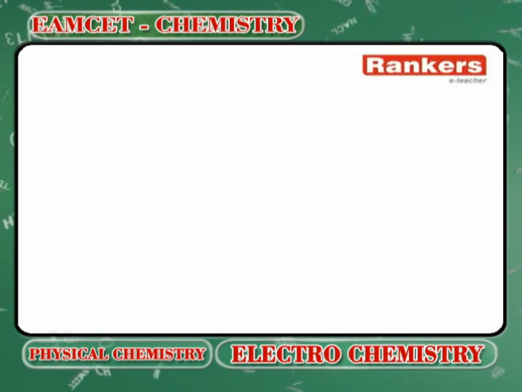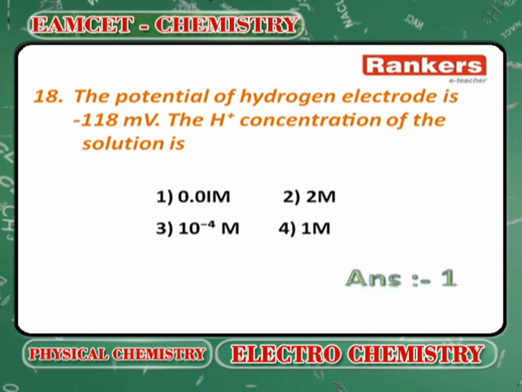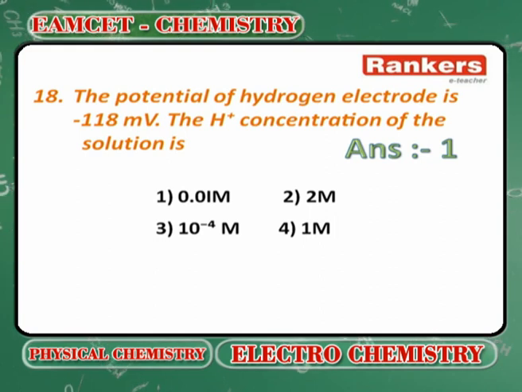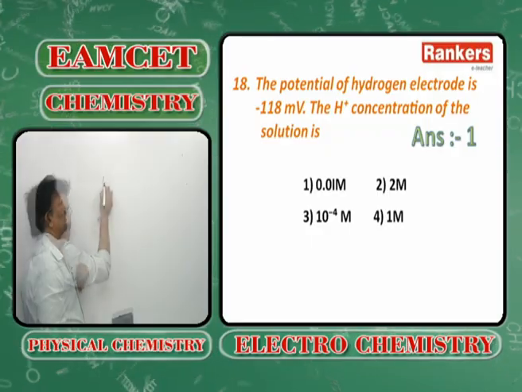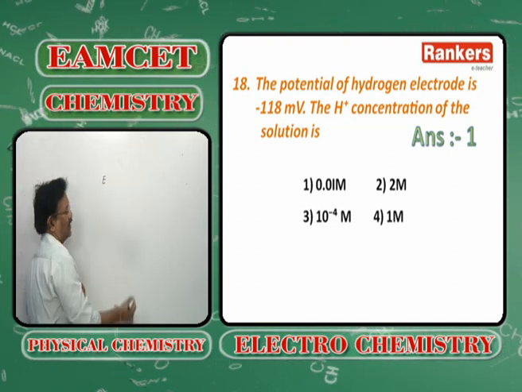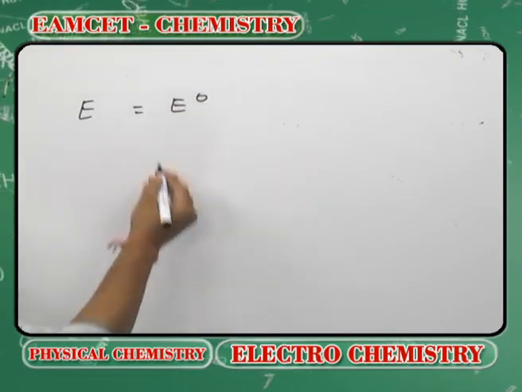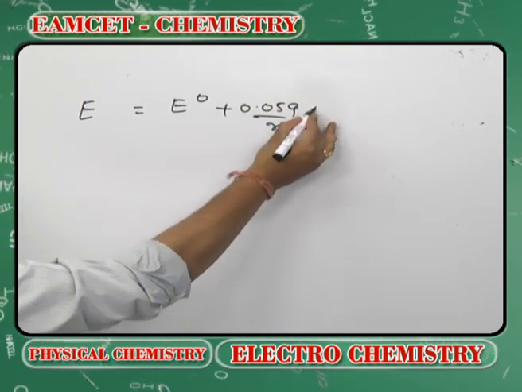Next. The potential of the hydrogen electrode is minus 118 mV. What is the H plus ion concentration of the solution? For the hydrogen electrode, the reduction potential can be expressed as E is equal to E naught plus 0.059 by n log H plus.